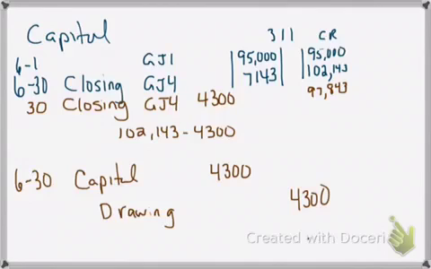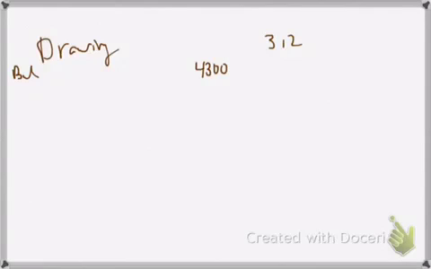Now, what the other accounts should look like, the drawing account, for example, that drawing account, which was account 312, would have had that balance of 4,300 in it. So I'm just going to put what the balance was.